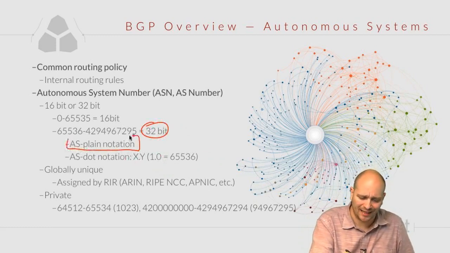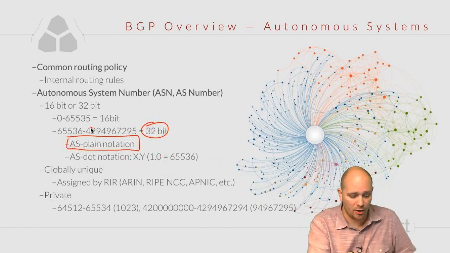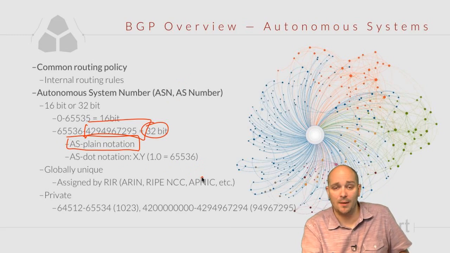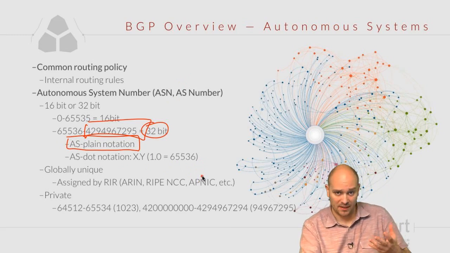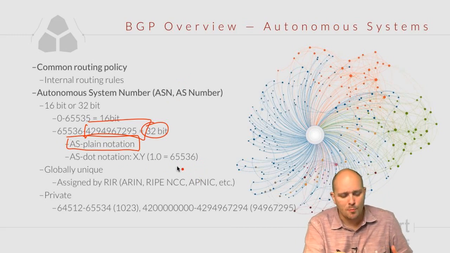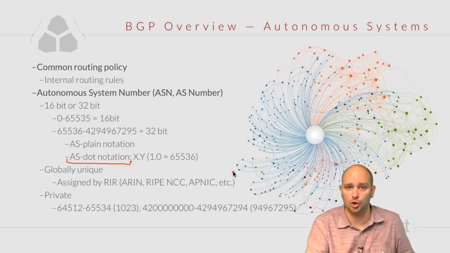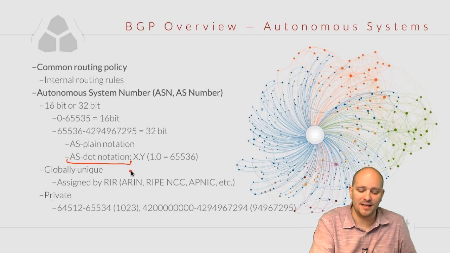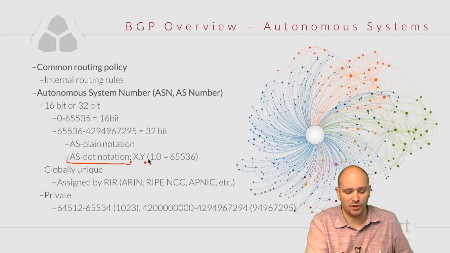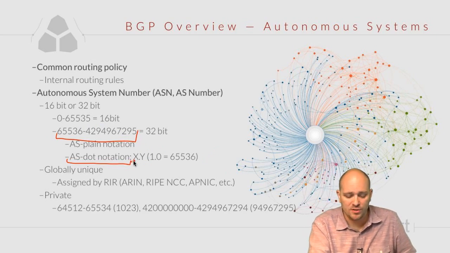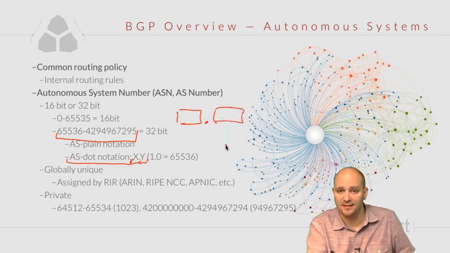Using something called AS plain notation, where we simply write the number, so this would be AS plain. However, there was a brief period of time, and in some versions of IOS, depending on what you are using, you might see slightly different notation, something called AS dot notation, where the autonomous system number, this large number when it was higher than 16 bits, was divided into two parts. The first part and then the second part.